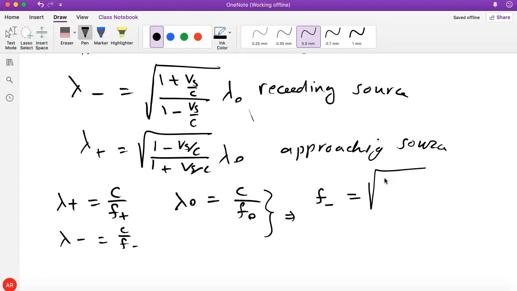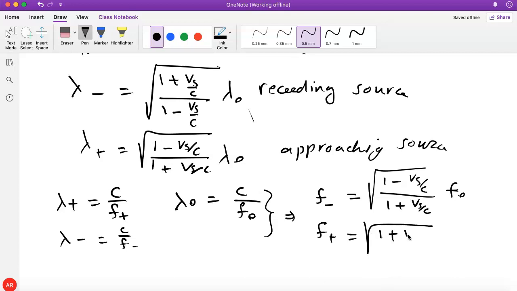So it's going to be 1 minus Vs over C over 1 plus Vs over C, times F naught. So as you see, the frequency in this case goes down, and F plus, similarly, you have the inverse of this, which is 1 plus Vs over C over 1 minus Vs over C, times F naught.